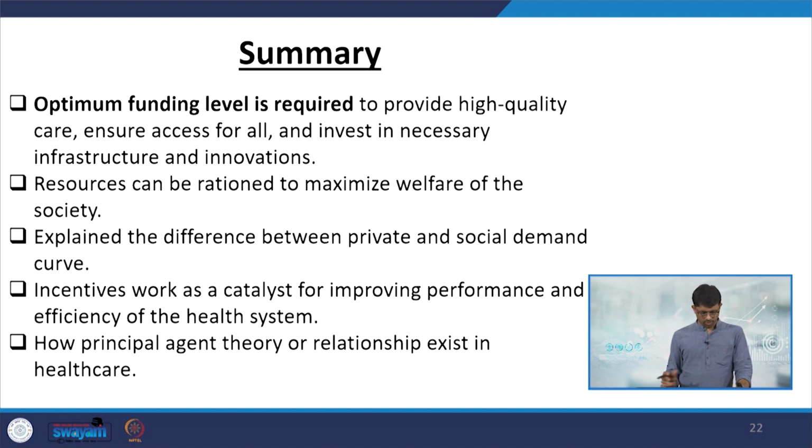These are always essential, and to have a more efficient health system, you should have better incentive schemes that address the optimum funding level as well as the optimum social valuation for the demand. In addition, incentive schemes are always a catalyst for performance, and that is not possible unless we define the public and segregate public versus private, and the principal-agent problem has to also be dealt with.